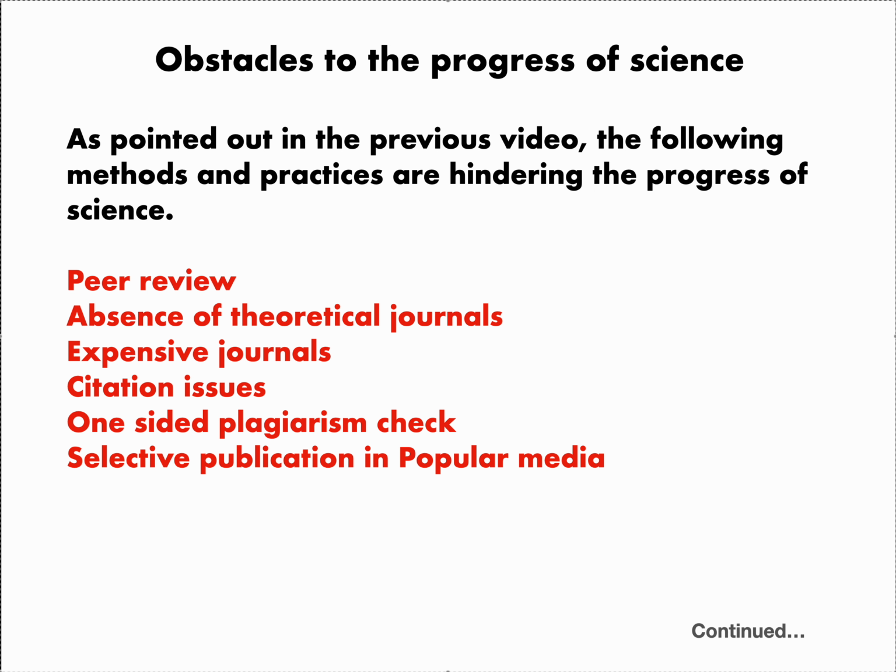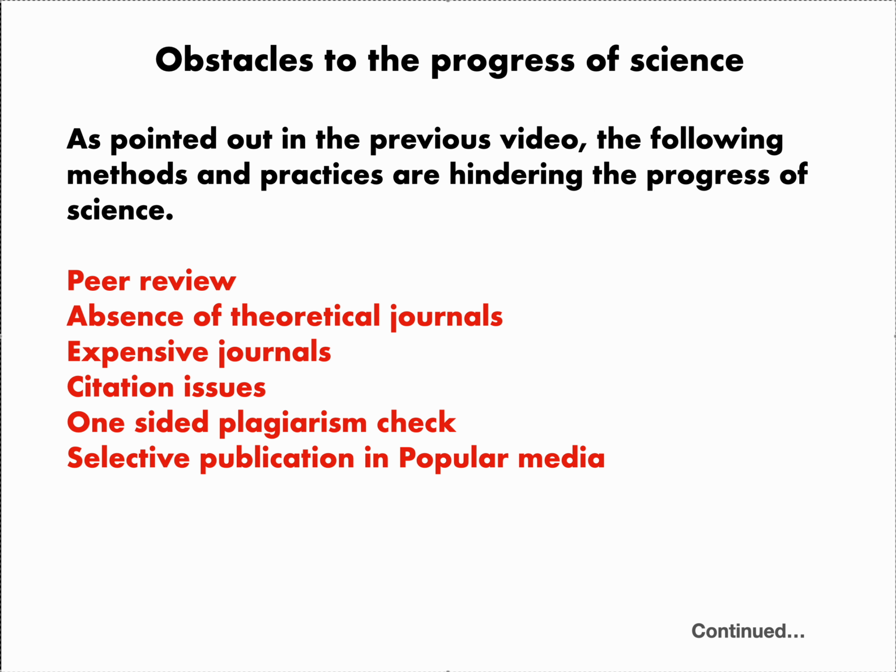So why are we building this kind of new core library for science? As I pointed out in the previous video of this series, the following methods and practices are hindering the progress of science. Why do we see stagnation in science?